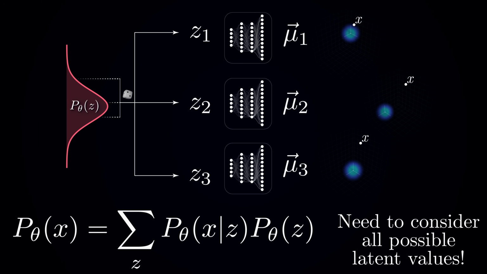Both the parameters of the prior and the weights that transform the latent into the conditional distribution are what our model needs to learn. As a concrete example, let's consider a single data point x.